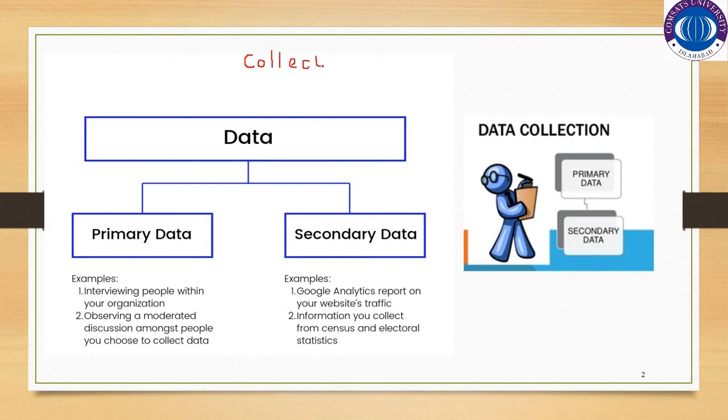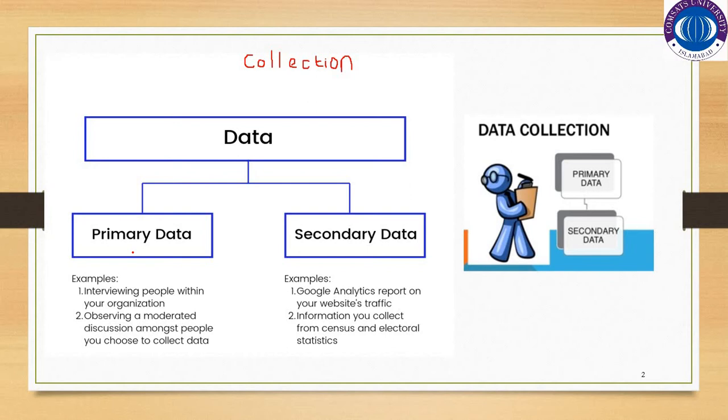So if you want to collect the data, there are two sources of data, or you can say there are two types of data. Number one is primary data and the second one is secondary data. So what is primary data? Primary data is usually called first-hand information.